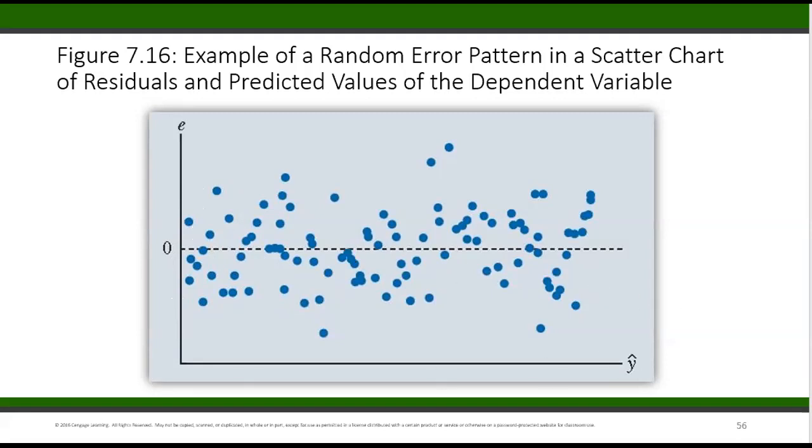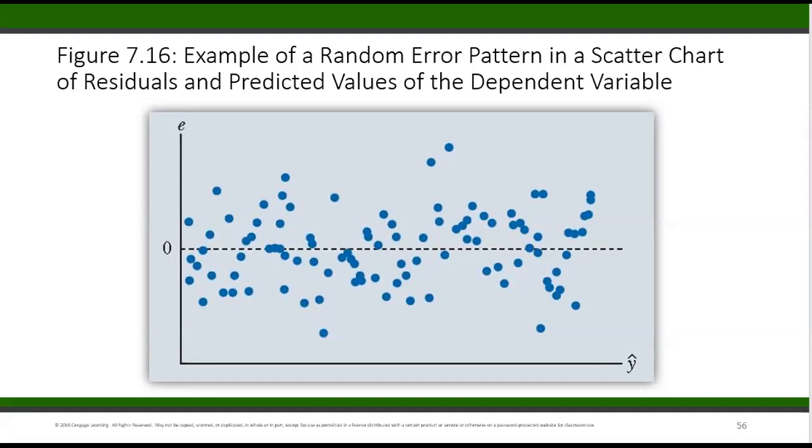So this is a good example. If you see a residual plot like this, you should say there is no violation of the necessary conditions for residuals, so we can move ahead and make the statistical inference about the population parameters, about the coefficients of the population line, basically.